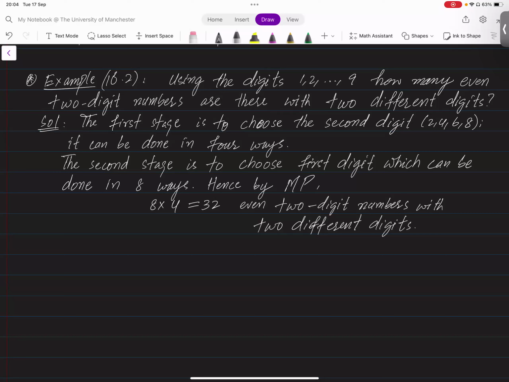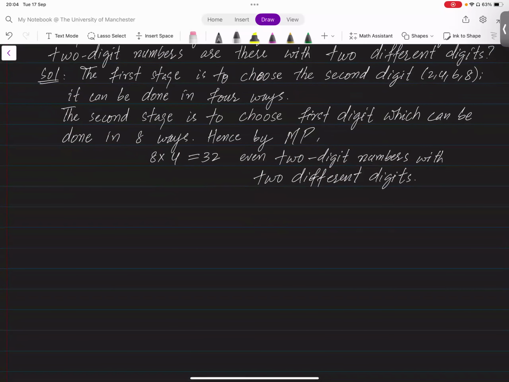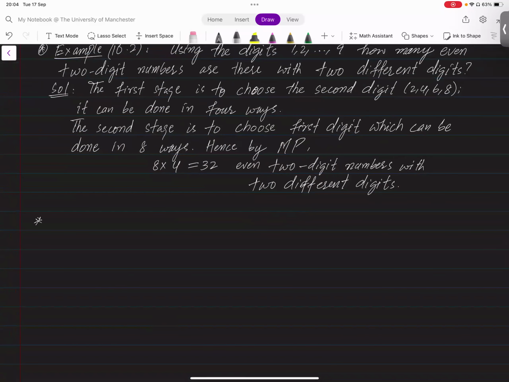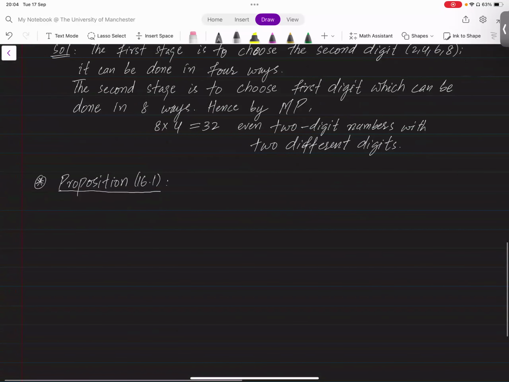Okay. Now let's talk about another thing in a similar way, and that is Proposition 16.1. It says that let S be a set consisting of n elements.